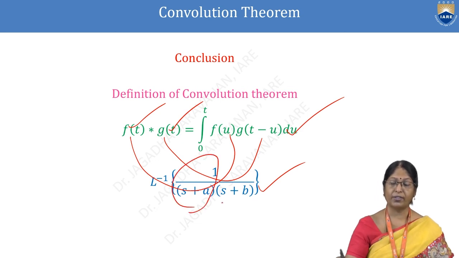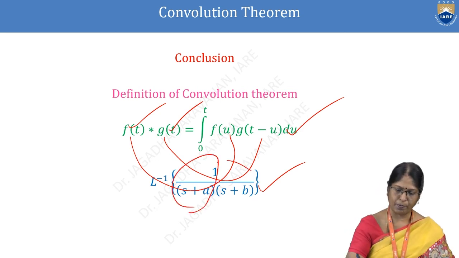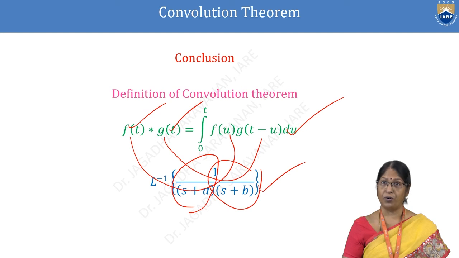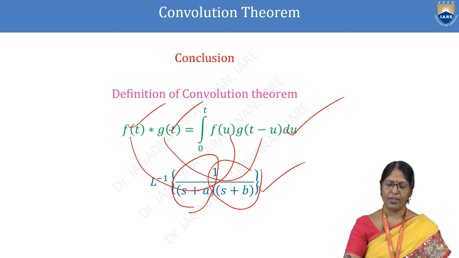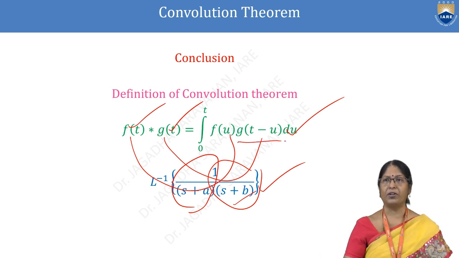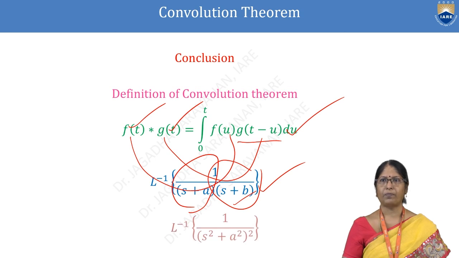The first part we treated as f bar of s, the second part as g bar of s, from which we obtained f of t and g of t. We did the integration in terms of u, converting f of t to f of u and g of t to g of t minus u, and we did the integration.